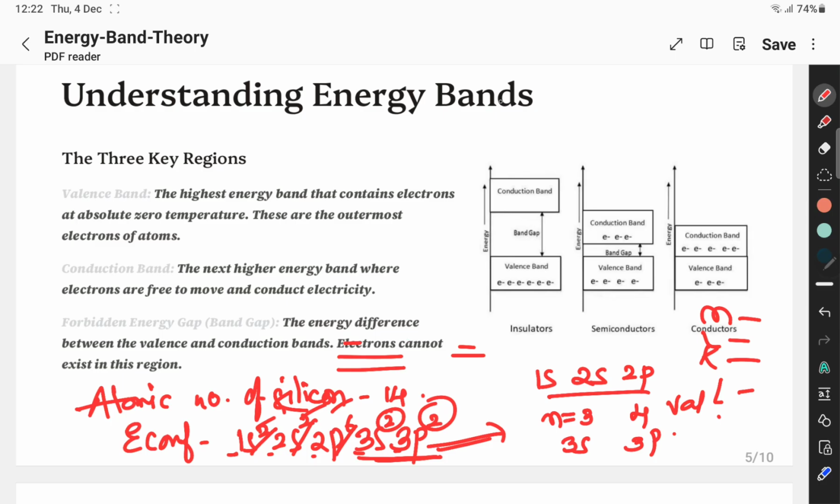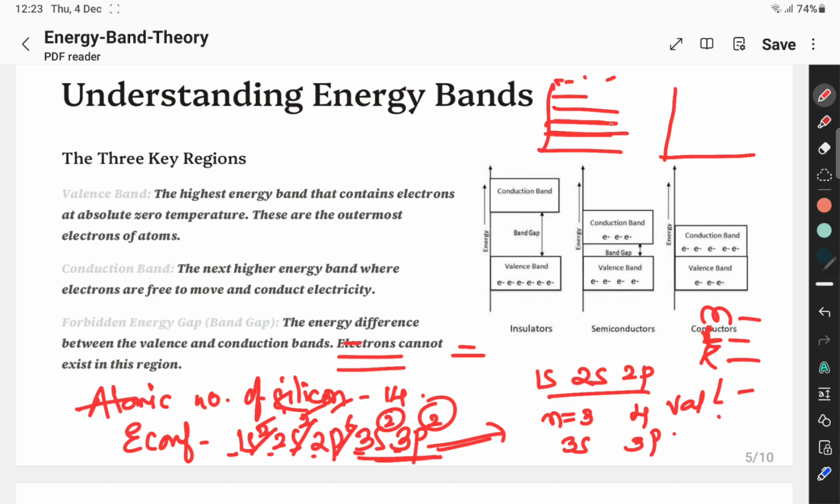So let us suppose here we have a single isolated atom. This will be the first energy level, the second energy level, third energy level, and so on. But what about the silicon substance, which has hundreds of silicon atoms?